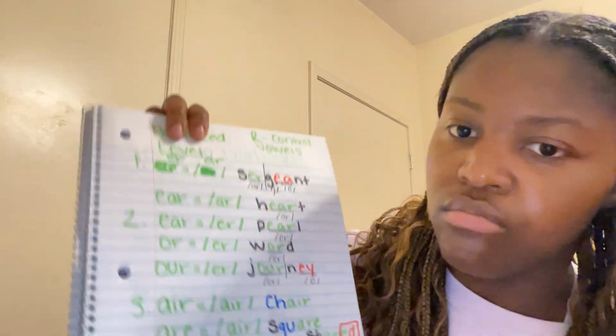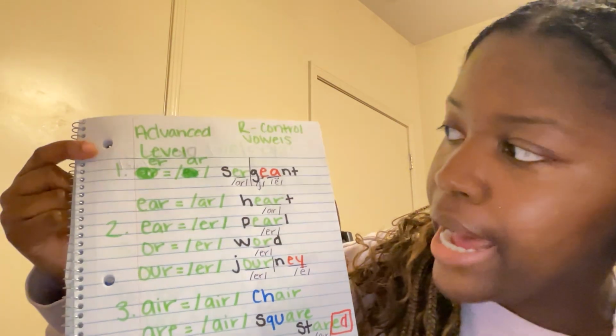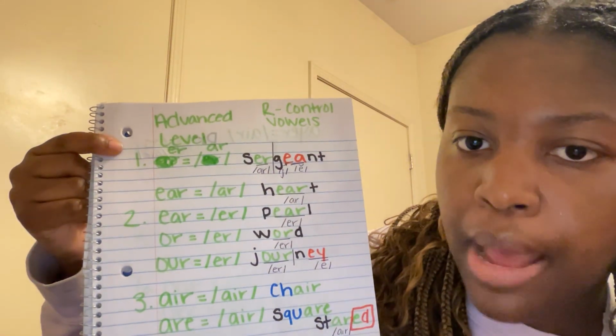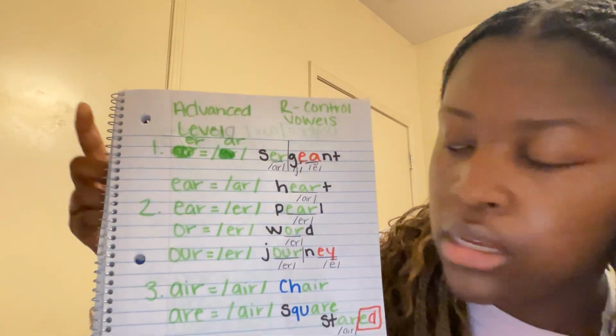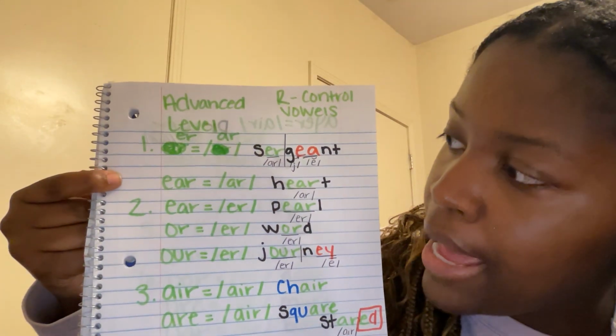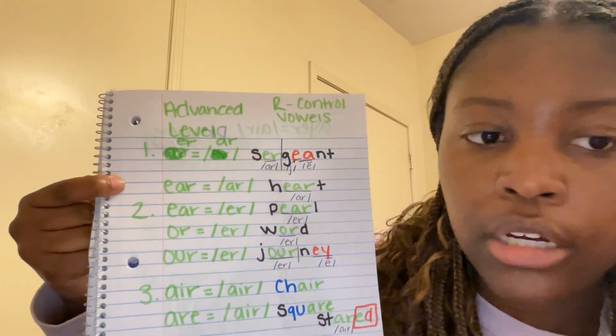Next, I have the advanced R-controlled vowel level. So I kind of messed up on the first one, but I have ER that makes er, like in urgent. Next, I have ER that makes ar, like in art.